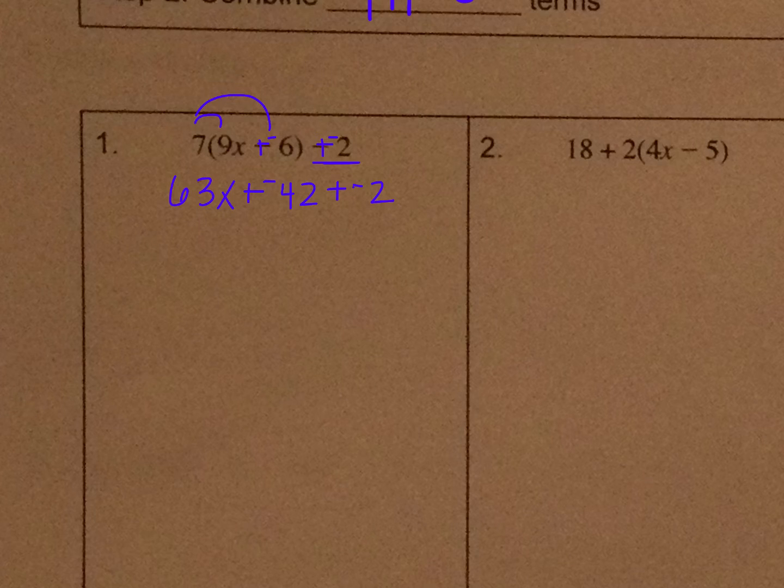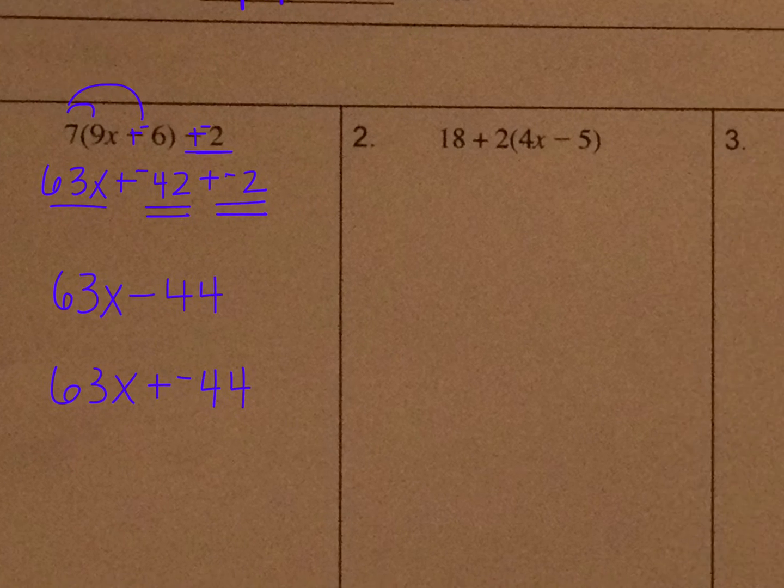All right, now, look, is there anybody else with the x last name? There's not, so I'm just going to write 63x, negative 42 plus negative 2. Yeah, that would be negative 44. You can also write your answer to say 63x plus negative 44. Either of those is correct.